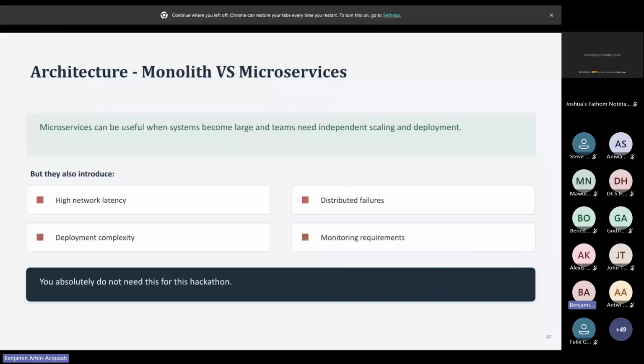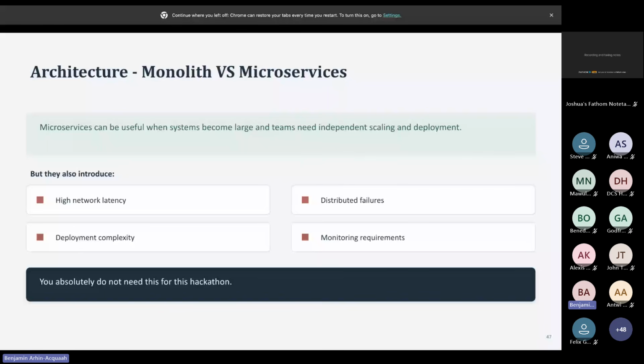And microservices have distributed failures. Because they are all deployed independently, when something fails, it may not necessarily take everything down, but anything that depends on that thing that failed will also have challenges when they try to interact with it.